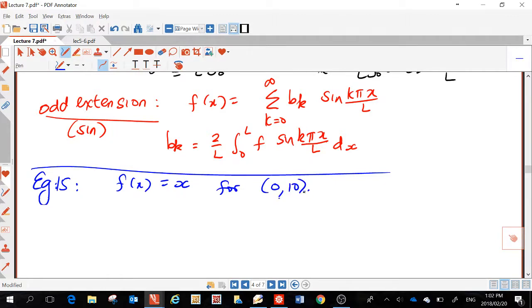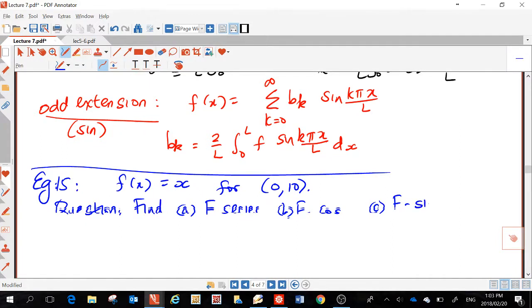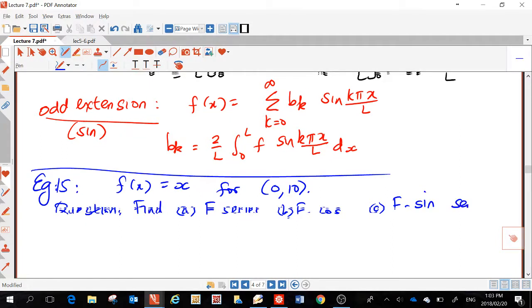The question is, find A, the Fourier series, B, the Fourier cos series, and C, the Fourier sine series. For this function, find B on not 10.